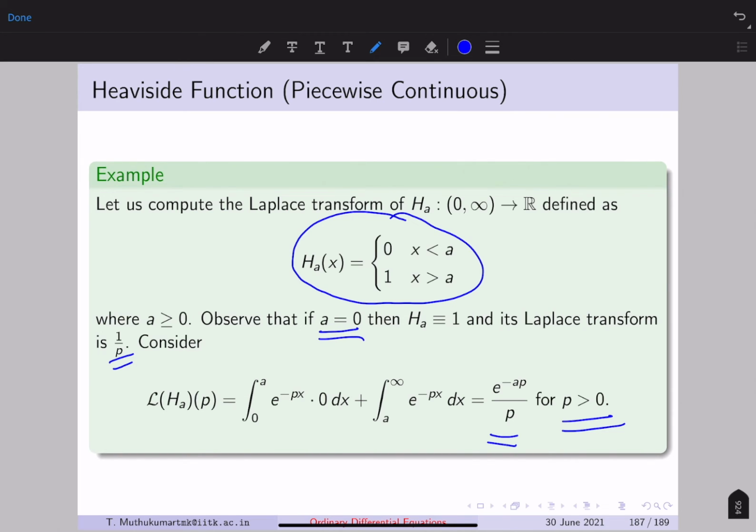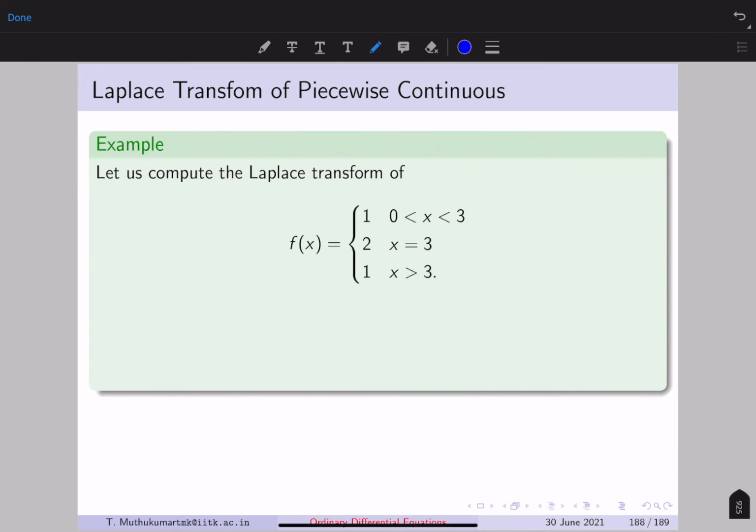Okay, so let's make one more observation about the inverse Laplace transform. Look at this function, which is a piecewise continuous function. What is this function saying?